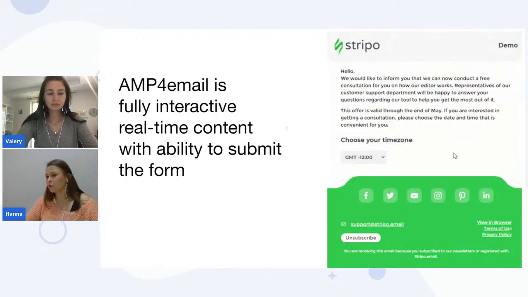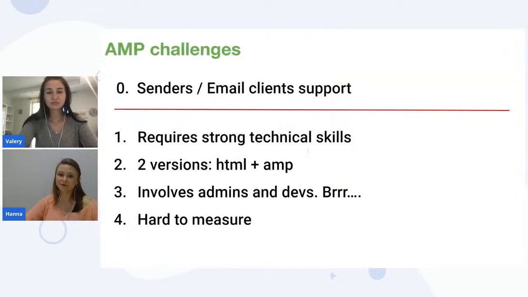This issue wasn't solved before, or you could have solved it using some other websites, for example, Calendly. But now with real-time AMP content, you can do it right in the email.